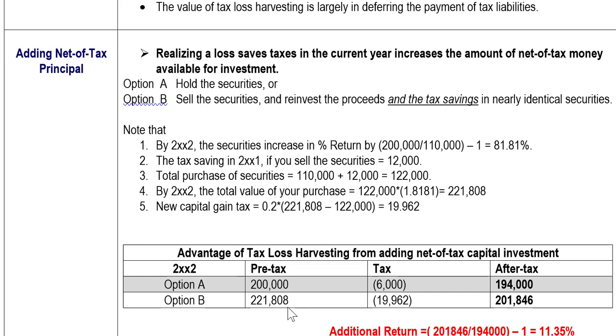Now, for option B, because you invested more in the security, your base is higher, and you increase to $221,808. Even though you are paying a higher tax on that, your after-tax value will reach $201,846.